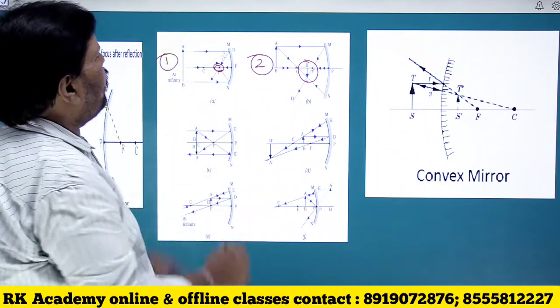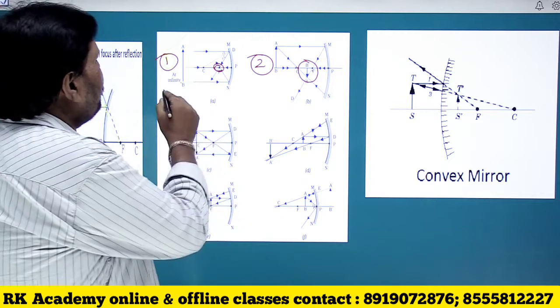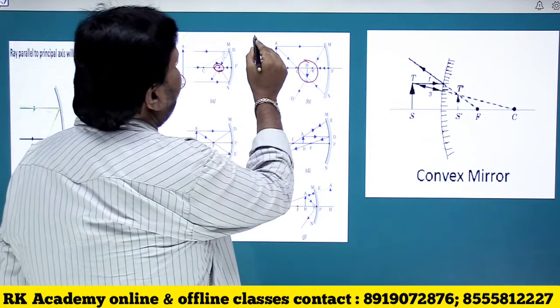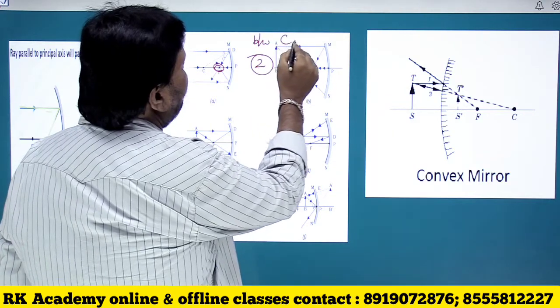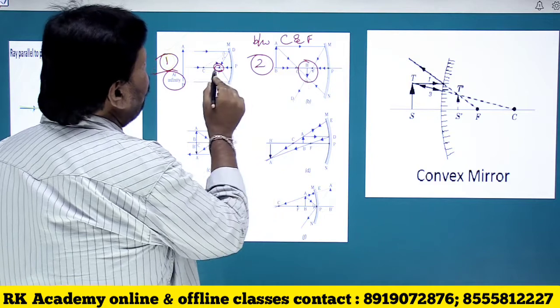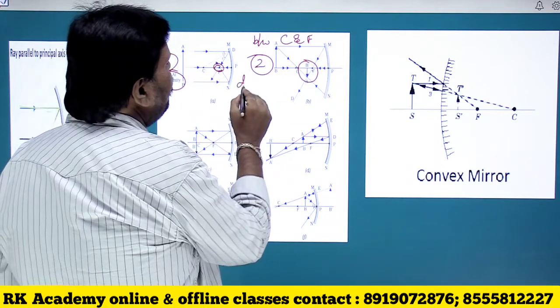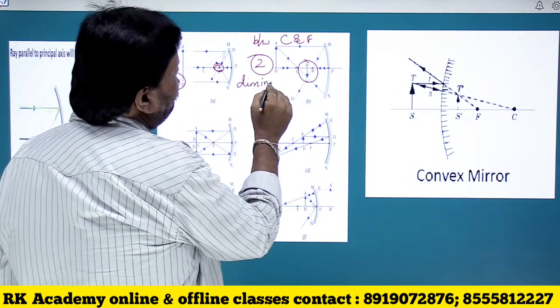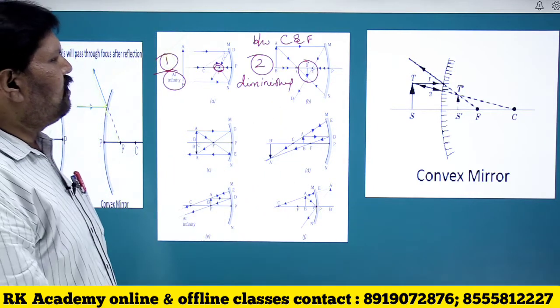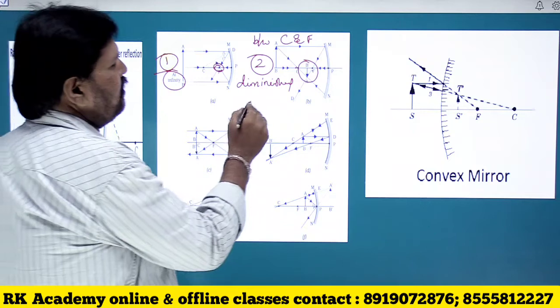In these two cases, when the object is at infinity or beyond the center of curvature, the image formed is diminished, that is small, and it is a real and inverted image.